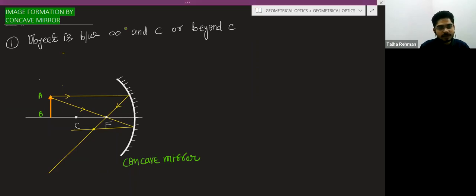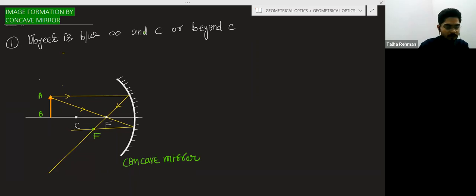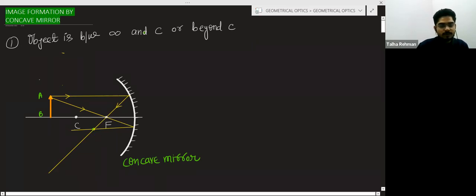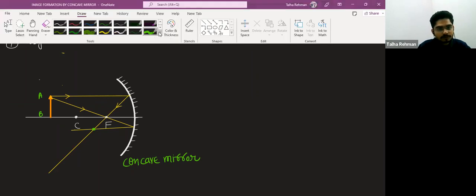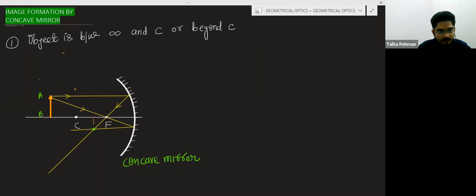Okay, so at this point both the rays are meeting, and this is the point where the image is formed. This is the image basically. You can say this is A dash and this is B dash.